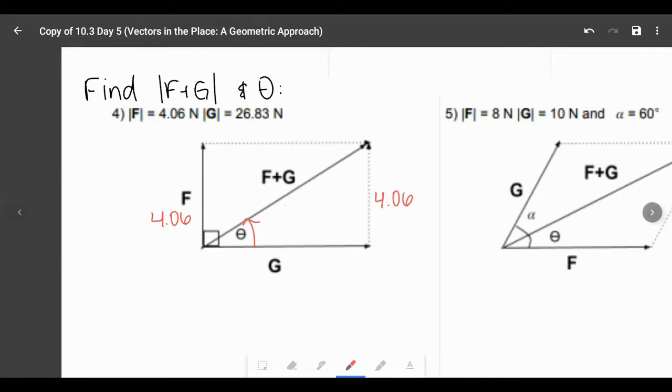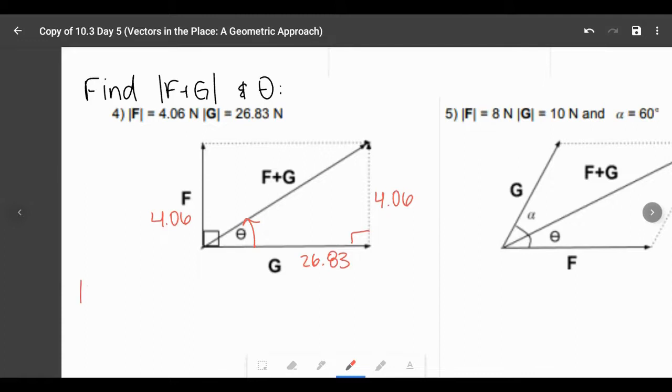It also tells me that the magnitude of G is 26.83, so we can label that. Since this is a rectangle denoted by that right angle, we can simply do the Pythagorean theorem.